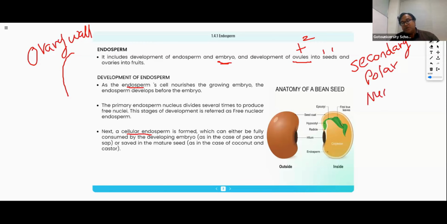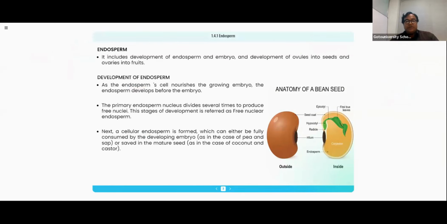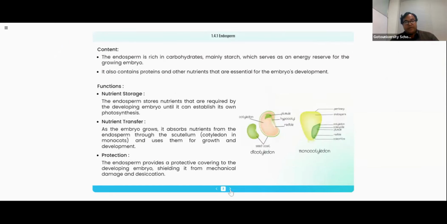The secondary polar nucleus is the name after the fusion of two primary polar nuclei, right? So this secondary polar nucleus makes endosperm, and this endosperm nourishes the zygote to become an embryo.